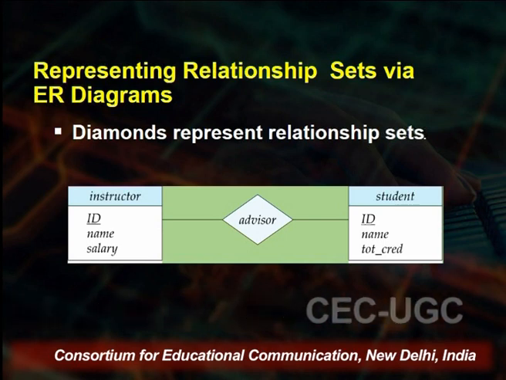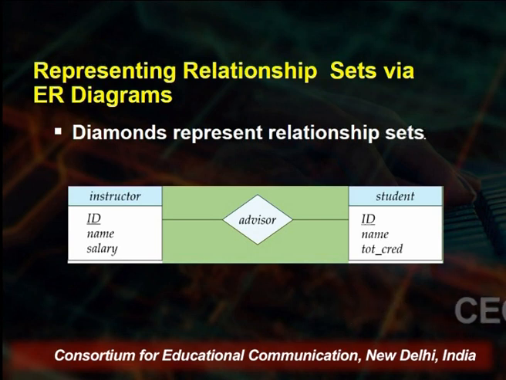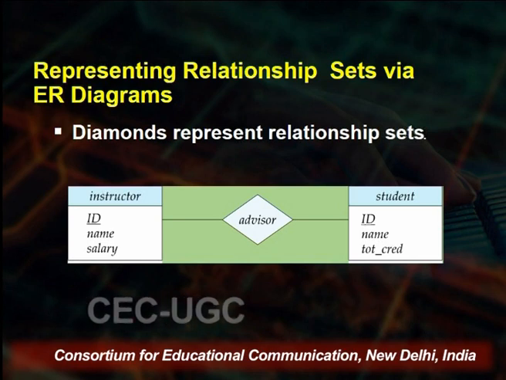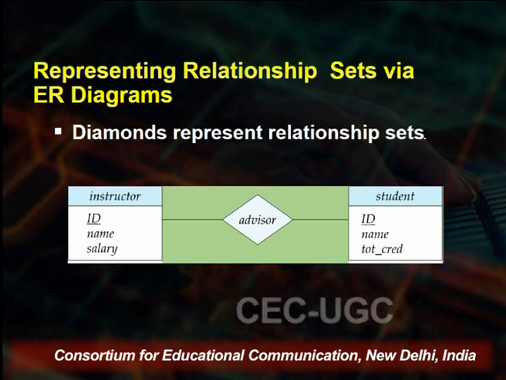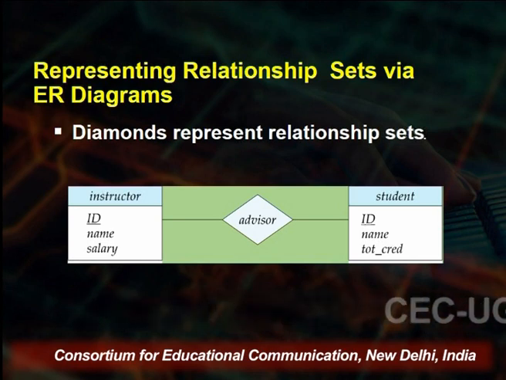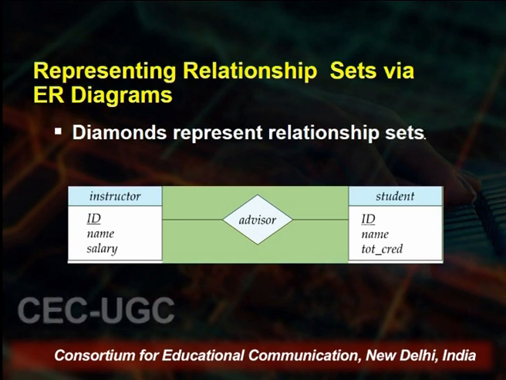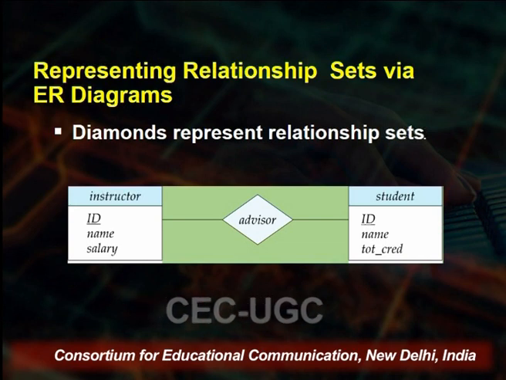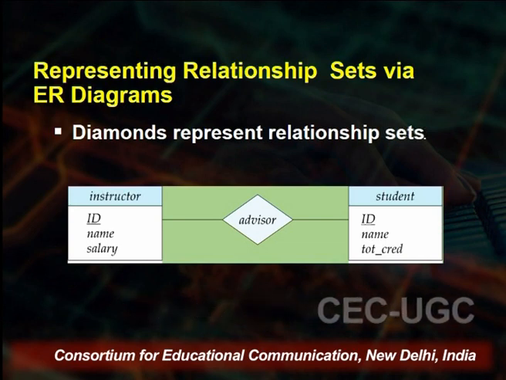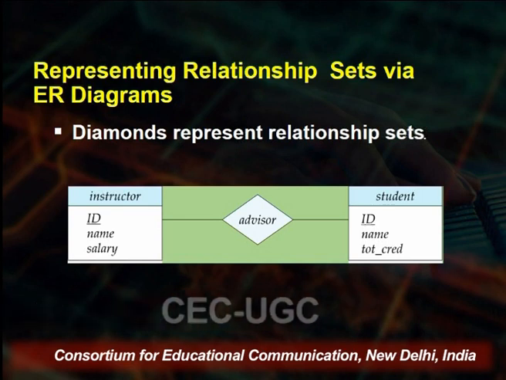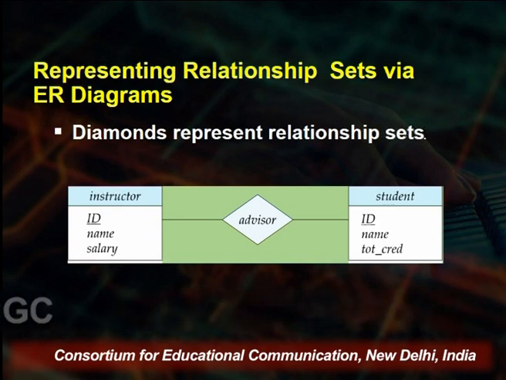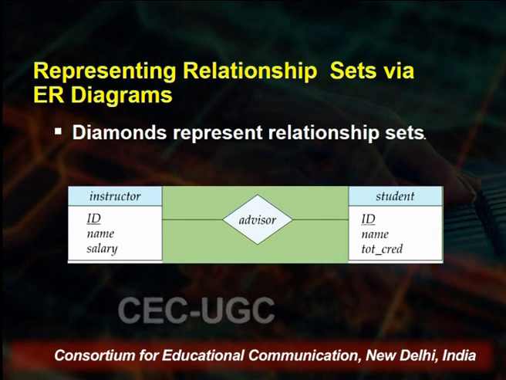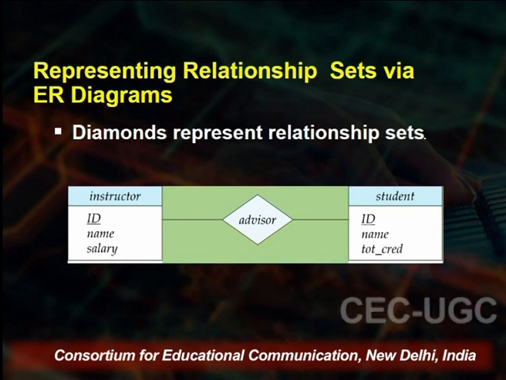The relationship between instructor and student, when depicted in an ER diagram, is shown with the help of a diamond which represents the relationship set, and the name of that relationship has to be written within that diamond. Here, in between instructor and student, there is a diamond in which the term advisor is written.